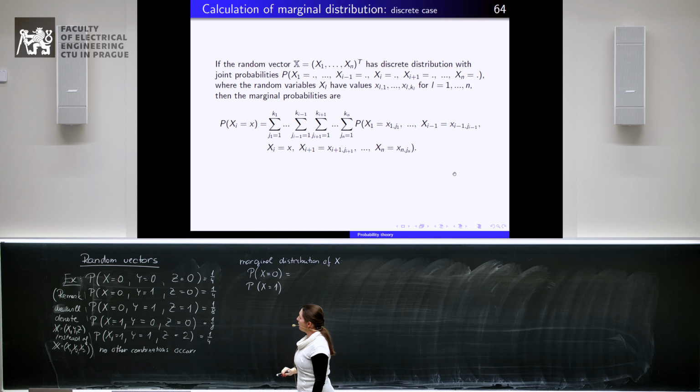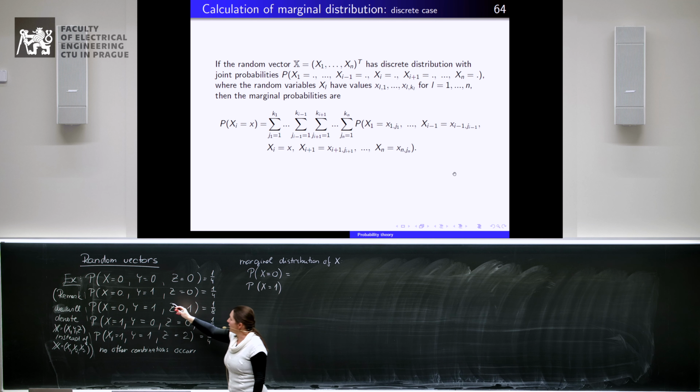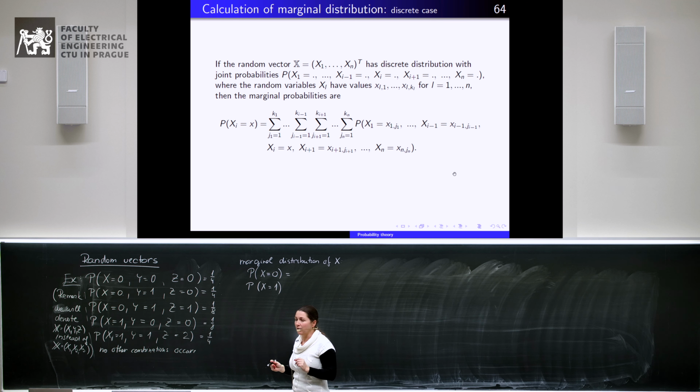So the probability that X is equal to 0 can be calculated from the joint distribution, but maybe you want to calculate it as, okay, there are 3 situations when X is equal to 0, so the probability is 3 over 5.